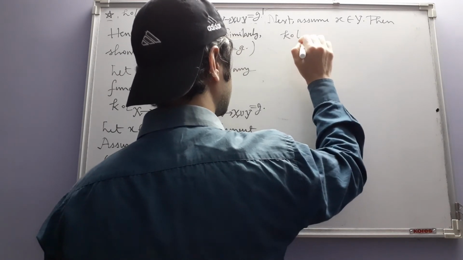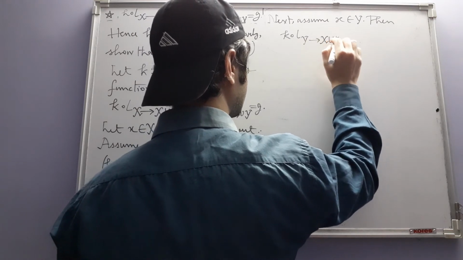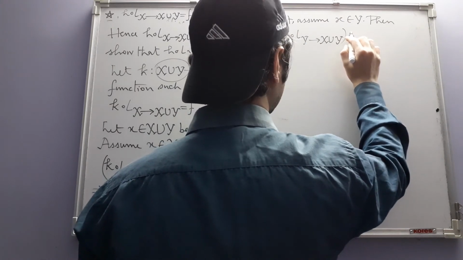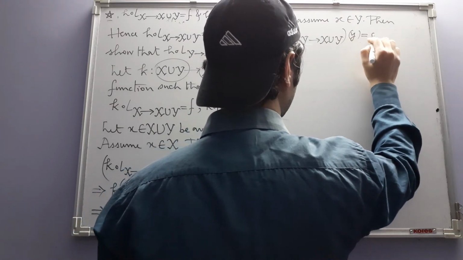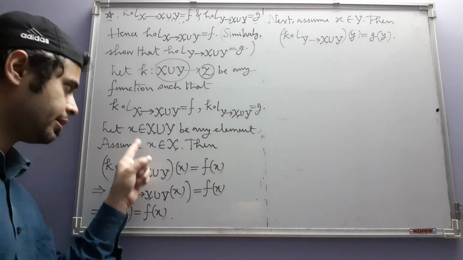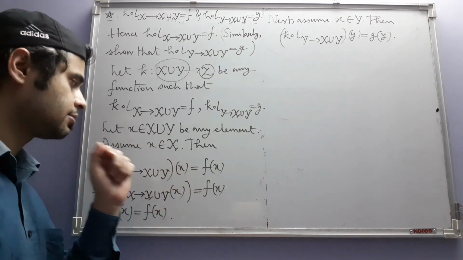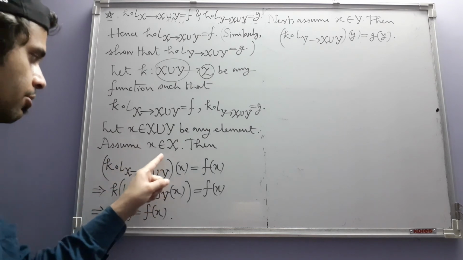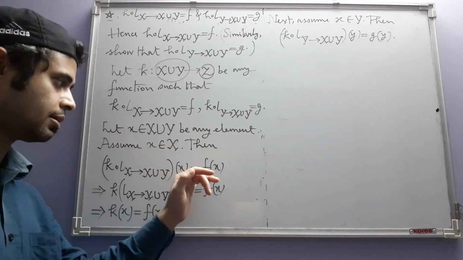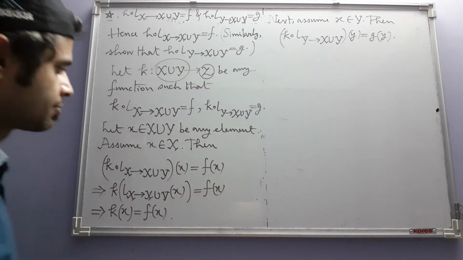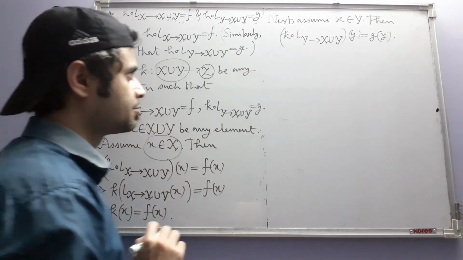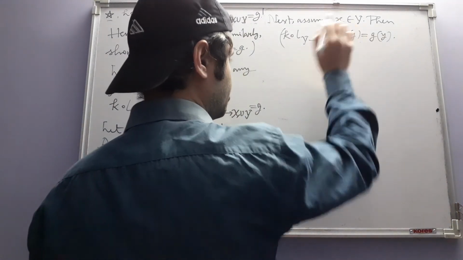Now this is Y. Oh, I think right now I said that this is true for any x in X union Y. No, that is not true. This is true only for elements in X, because if the element is not in X, then the right hand side would be meaningless. So this can be applied only for this case, and this can be applied only for this case.